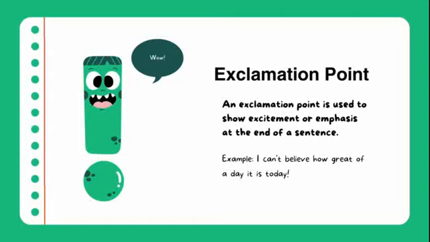Exclamation mark is also used to express surprise, emotions of anger, all of those things, like, oh! Then you see that like a small letter i upside down. It's the symbol we use to indicate exclamation point in our speech.